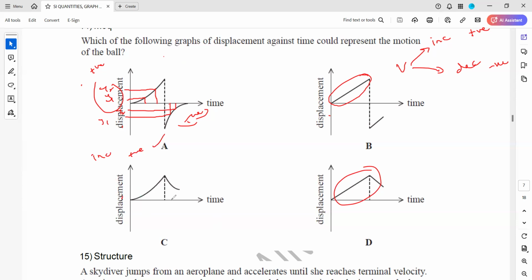When we check the nature, this is y1 and here's y2. So y1 is above y2. So in the second part of the motion, it is negative. And what happened to the slope when it is a curve like this? It means the slope is decreasing. So it matches with both descriptions. That's why C will be the right answer.